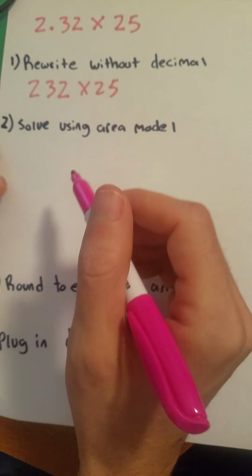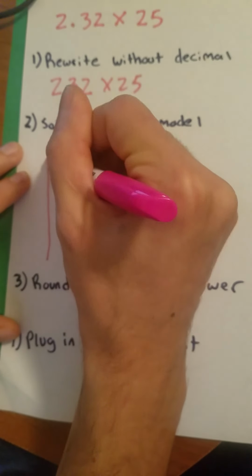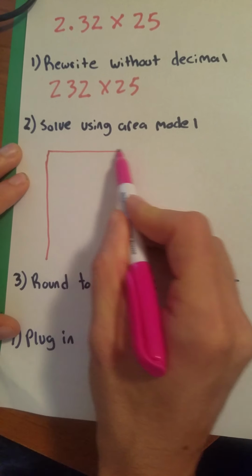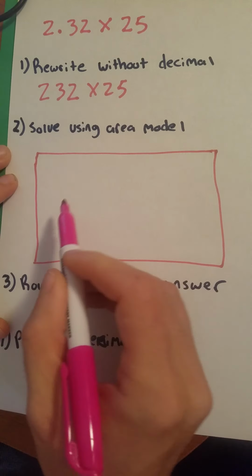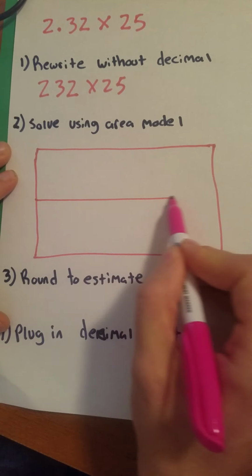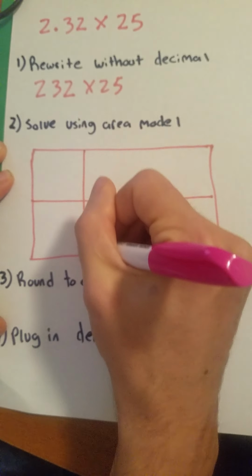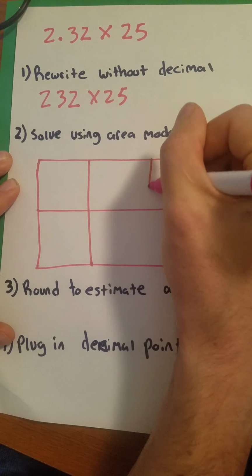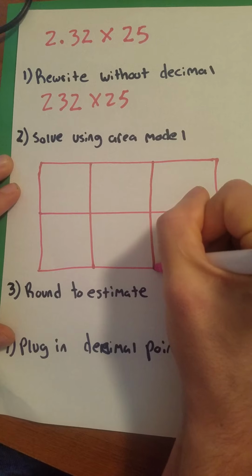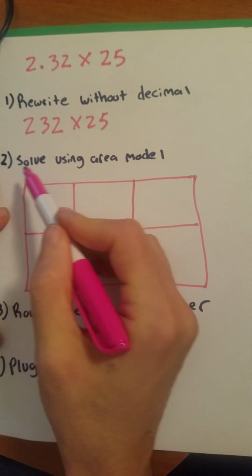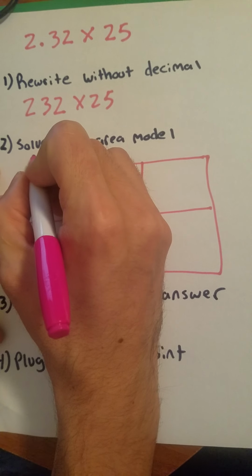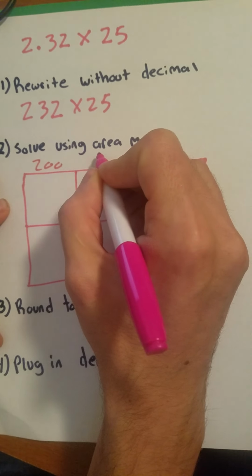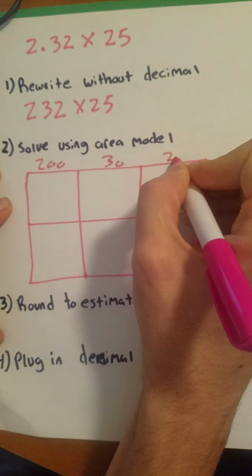All right, I'm just going to solve it with the area model now. Okay, so I'm going to break each number down by place value, just like I did in the last problem. 232 can be broken down into 200, 30 and 2.